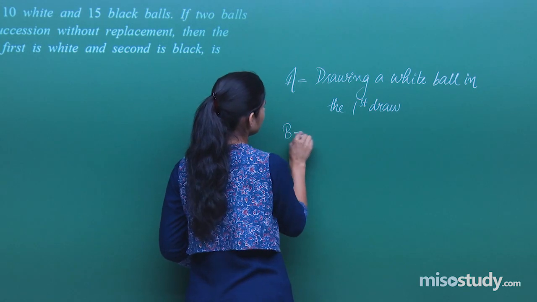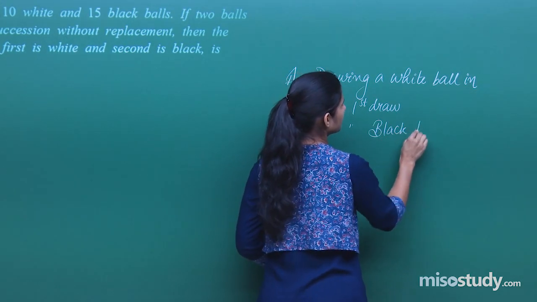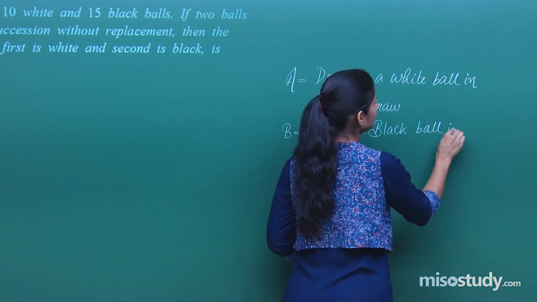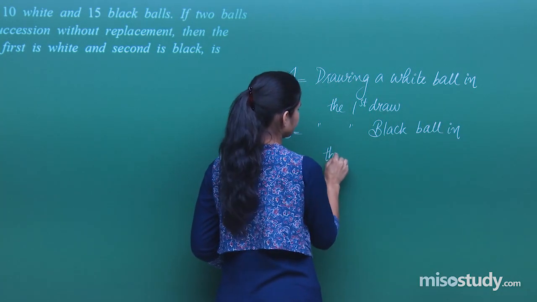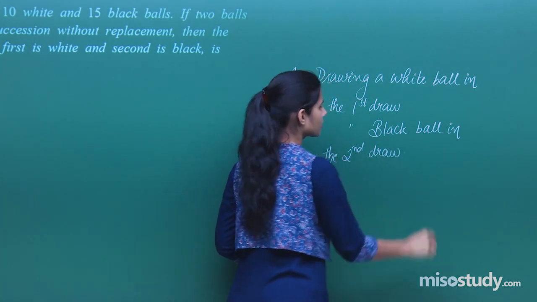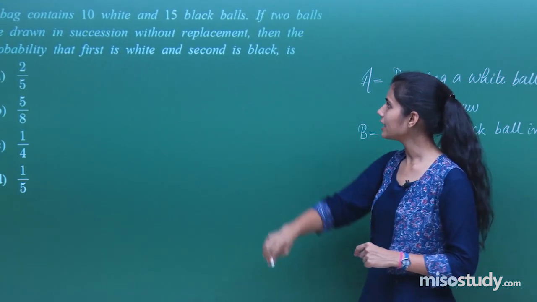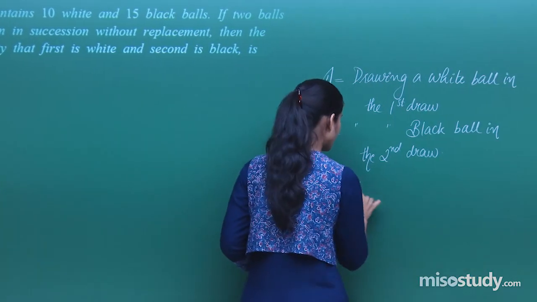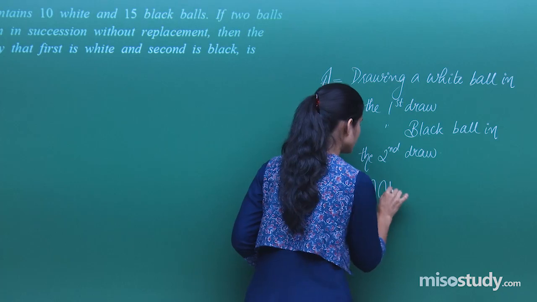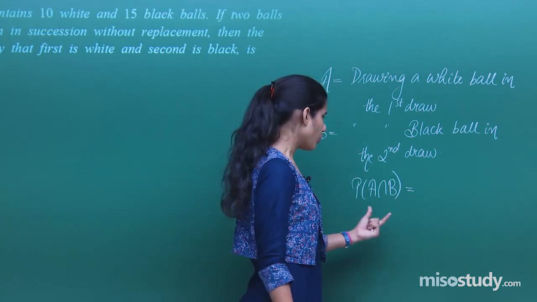And B is drawing a black ball in the second draw. You want to find out that in succession what is the probability that the first ball is white and second is black. You need to find the probability of A intersection B, right?